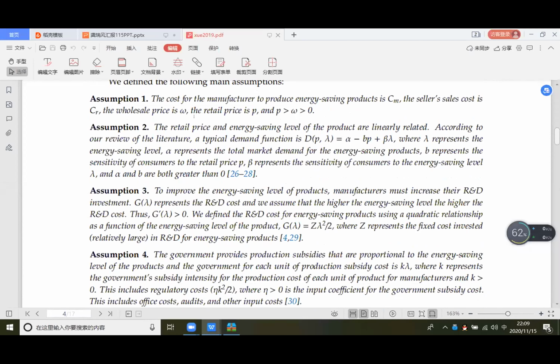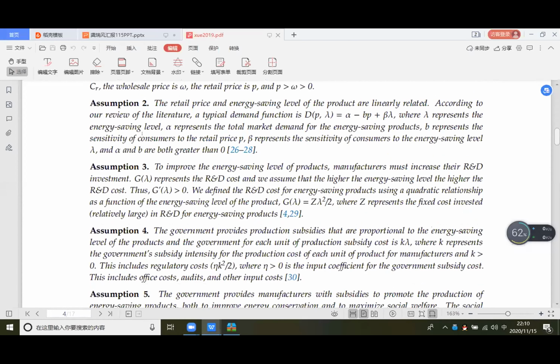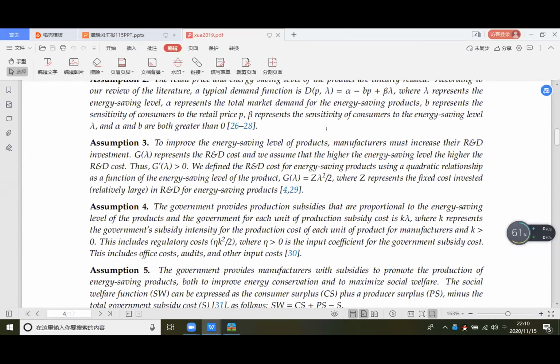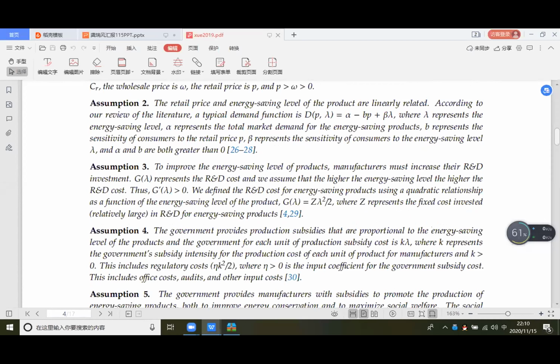According to our view of the nature, the typical demand function is D(p, gamma) equals a minus b p.